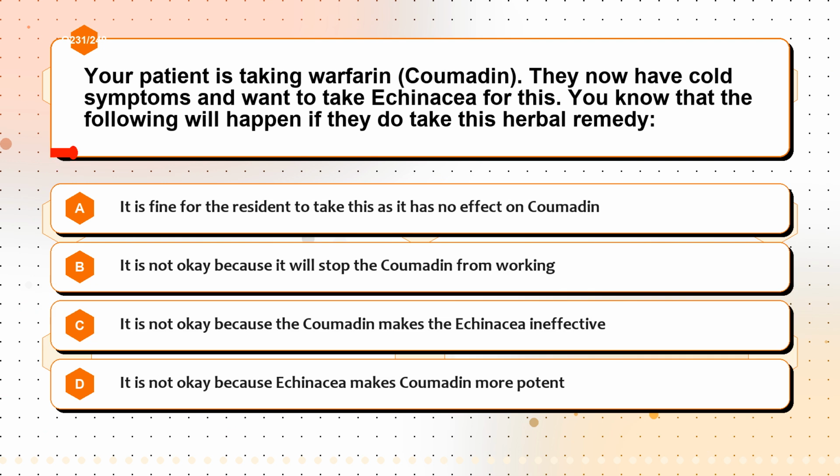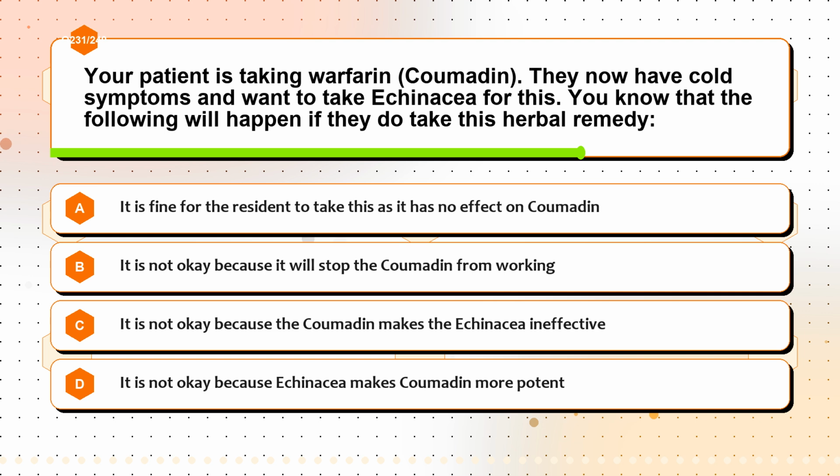Question 231. Your patient is taking warfarin Coumadin. They now have cold symptoms and want to take echinacea for this. You know that the following will happen if they do take this herbal remedy. Here are the options. Option A, it is fine for the resident to take this as it has no effect on Coumadin. Option B, it is not okay because it will stop the Coumadin from working.